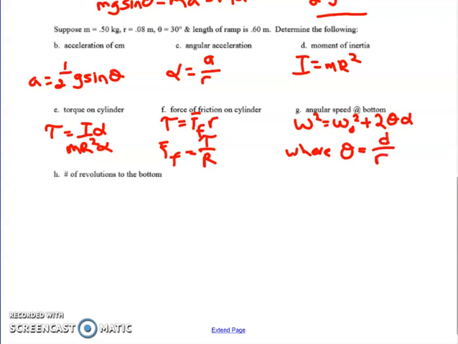That's like the s equals r theta that you use in math, except that the s in this case is the distance that it rolls down. And then lastly, number of revolutions. Well, that's simply going to be your theta divided by 2 pi. So number is that. All right, let's move on to the next problem.